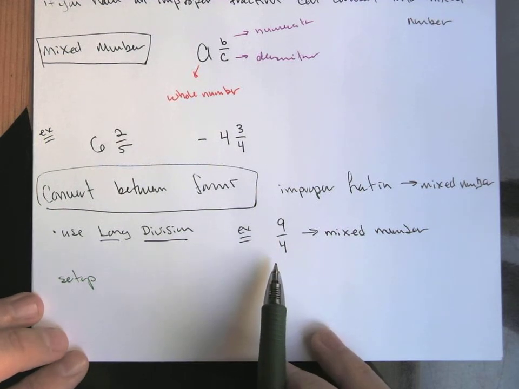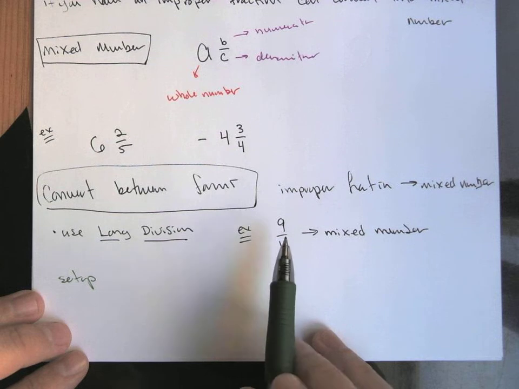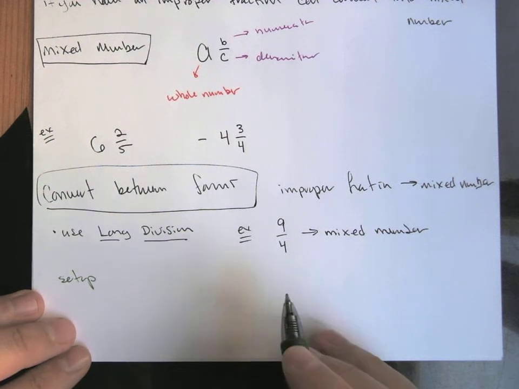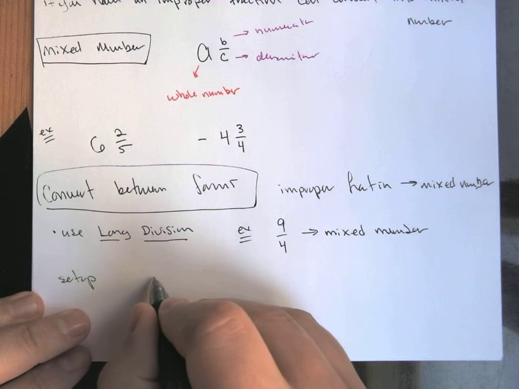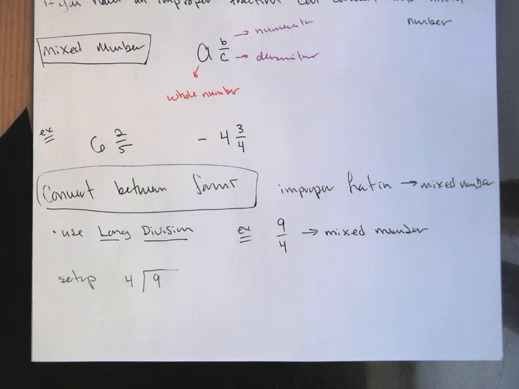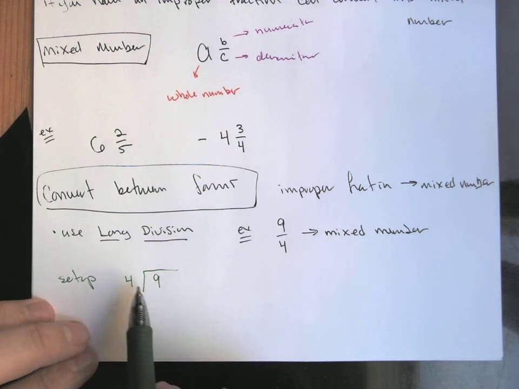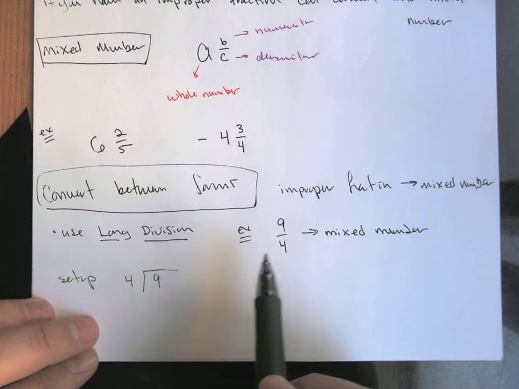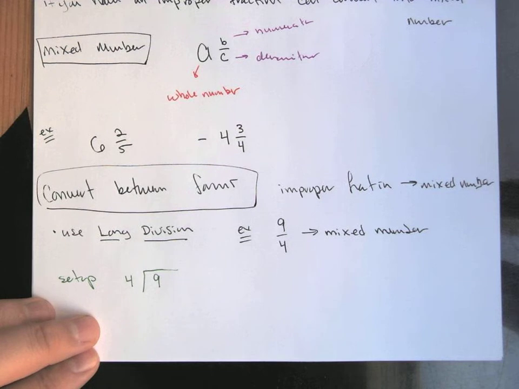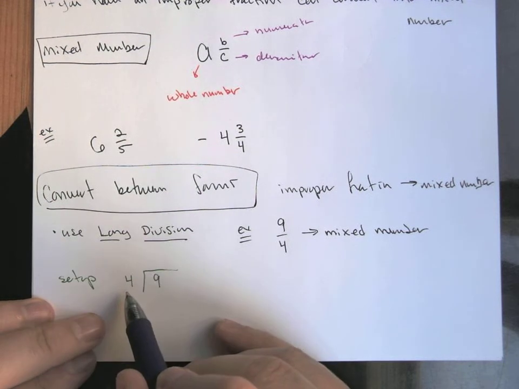If we think of any of these fractions almost like a division, treating the fraction bar like a division bar, then 9 divided by 4 means 9 on the inside, and you're dividing by 4 on the outside. Whenever we're doing long division, our denominator values go out here.